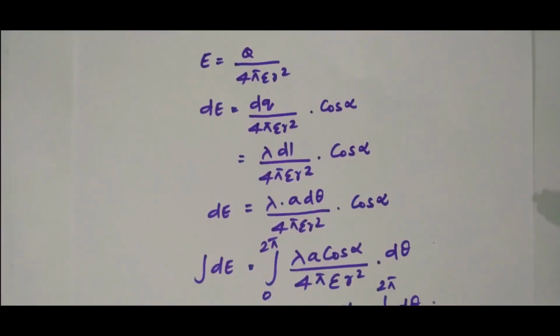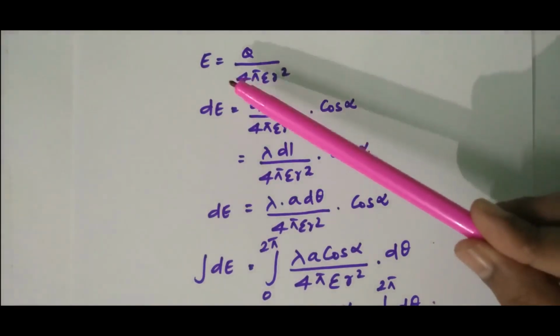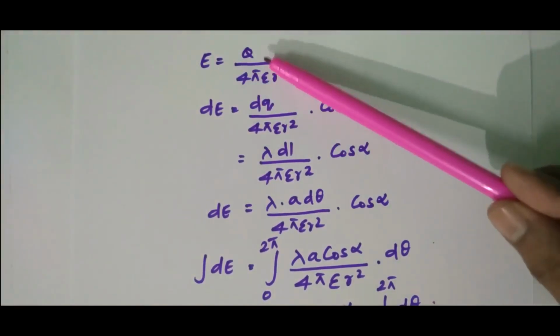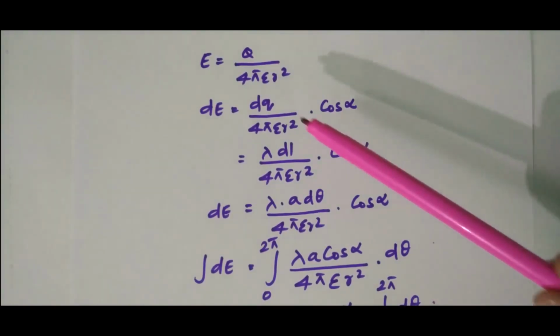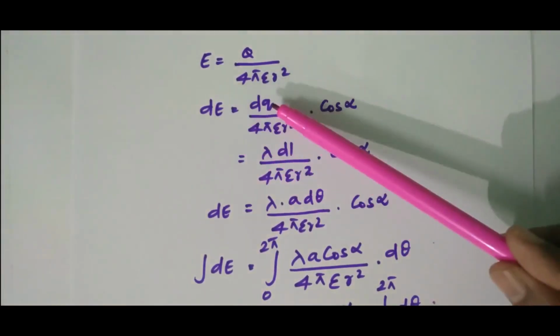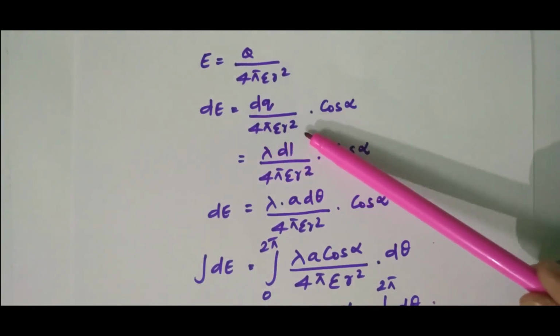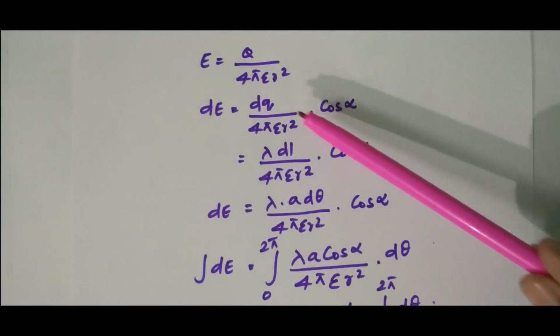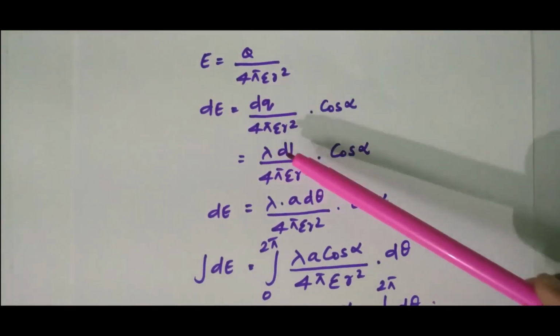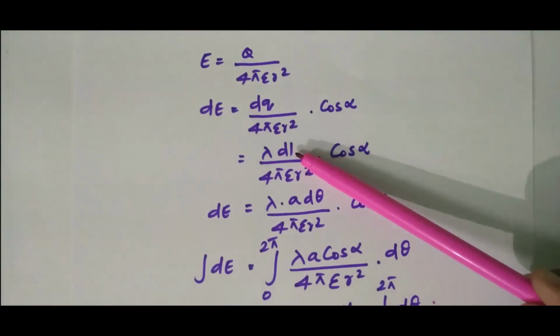Now we'll go to the derivation. We know that electric field intensity E equals Q divided by 4 pi epsilon r square. Due to a small charge, it becomes dE equals dq divided by 4 pi epsilon r square. Only the horizontal component is available, so cos alpha. The dq can be replaced by lambda into dl, linear charge density.